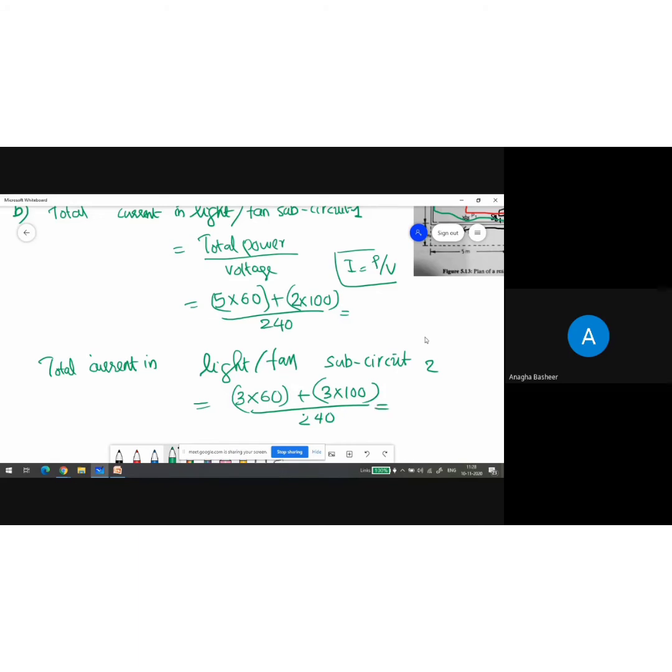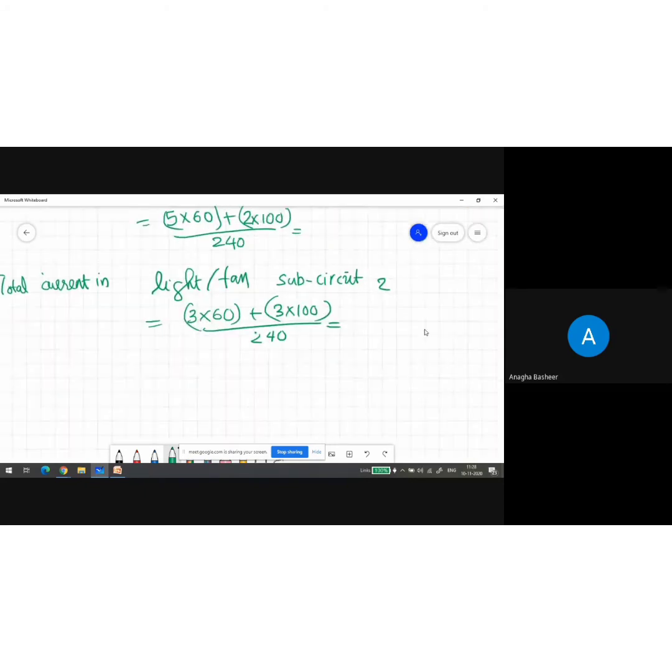Why? The remaining total 8 lights are there, 5 are there in the first subcircuit. So remaining 3 will be having in the second subcircuit. Here 2 fan, so total 5 fan are there. So remaining 3 fans here. So you will get the corresponding current rating.